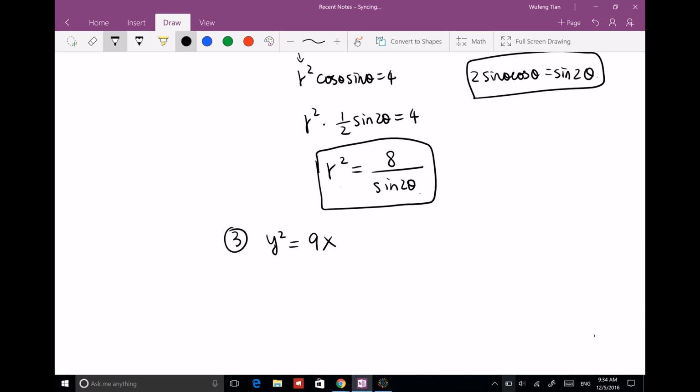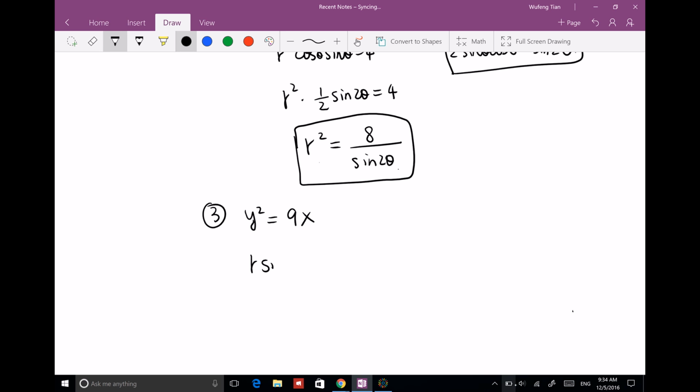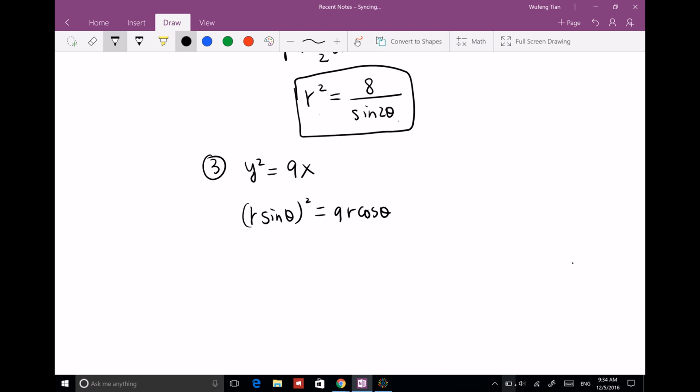I'm going to call a student here. It should not be really hard at all. Taylor, could you please tell me what you got? Well, I got r sine theta squared equals 9 times r cosine theta. Very good. And I wasn't too sure where to go from there.